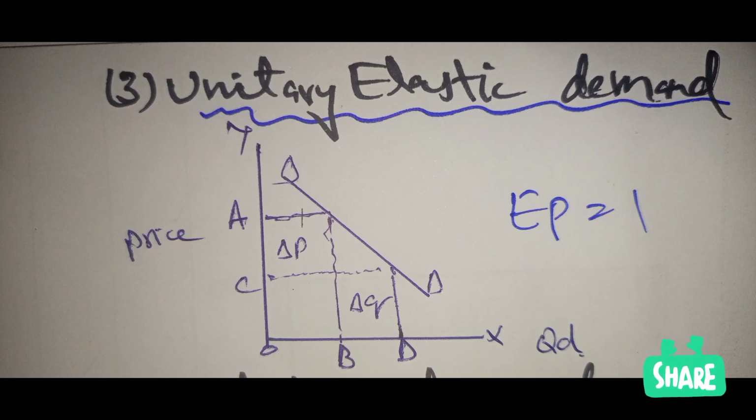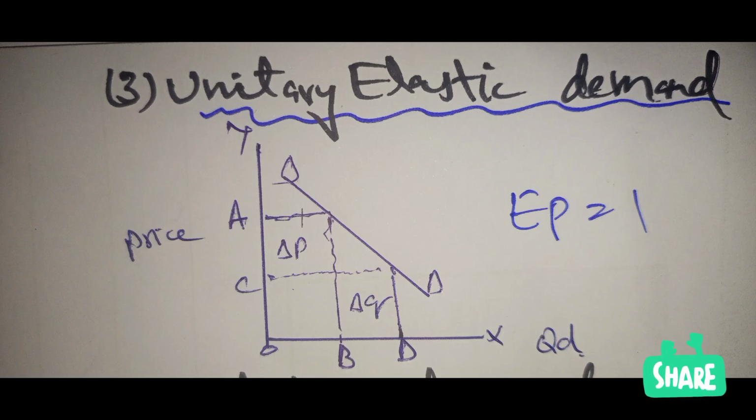So delta Q by delta P, 30% change in quantity demanded by 30% change in price, which answer is equal to 1.